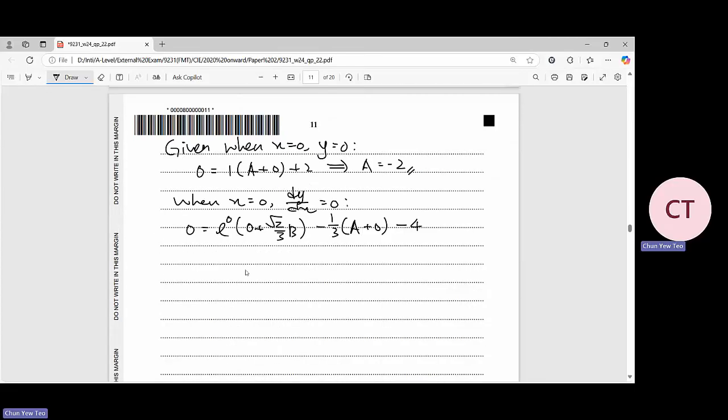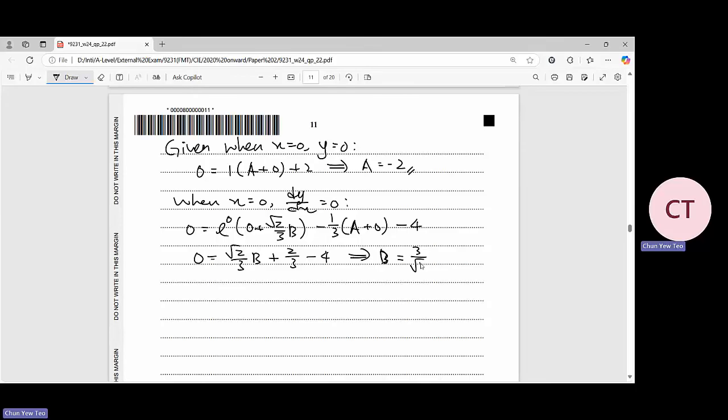We have found that a is negative 2. So this one is 2 over 3 b plus 2 over 3 minus 4. Therefore, this one will give you b equals 10 over 3.